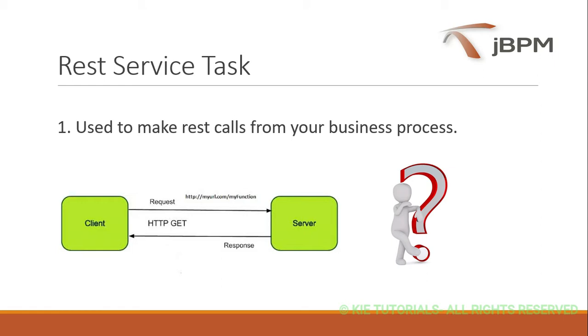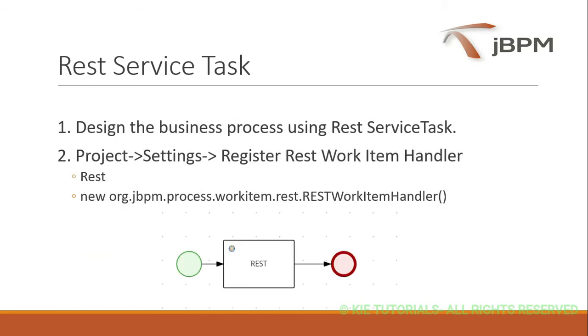How is that possible? That is possible with the REST service task. JBPM is providing the REST service task component, so you can utilize that component as part of your process.